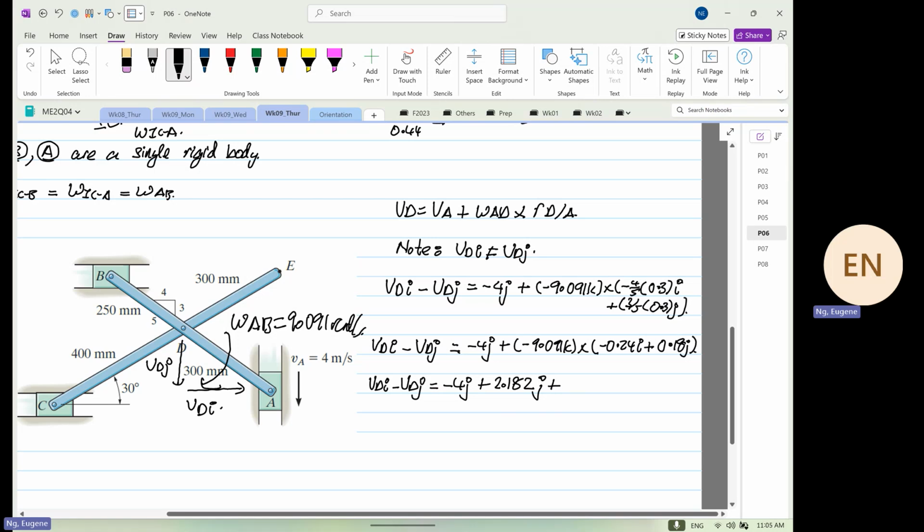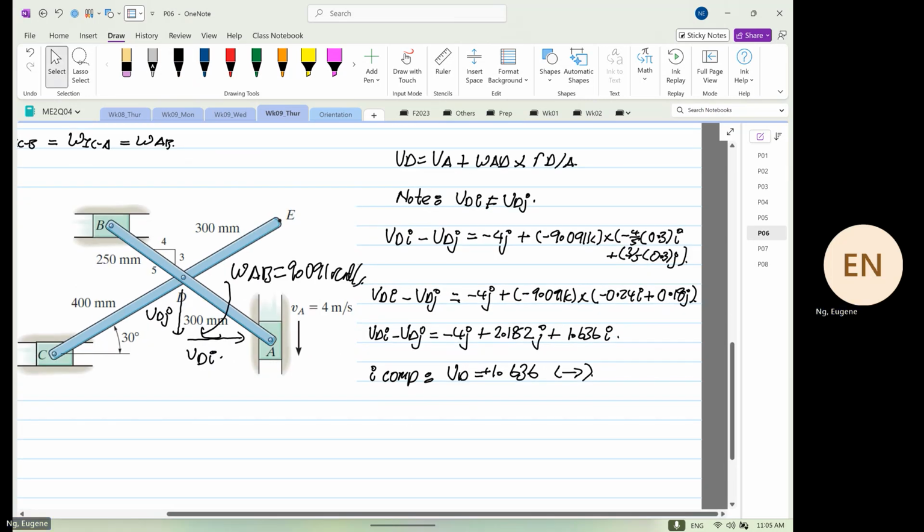9.091. 3/5 times 0.3 is 0.18. So 0.18 times 9.091 is 1.636 I. Okay. Let me do it again. So K cross I is positive, negative, negative become positive. J cross K is negative, positive. Okay, so we know that in terms of I component, VD is equal to 1.636 and it's positive, means the direction assumed is correct.